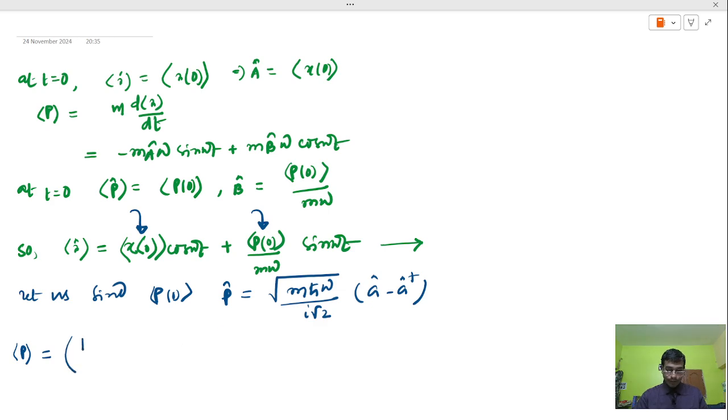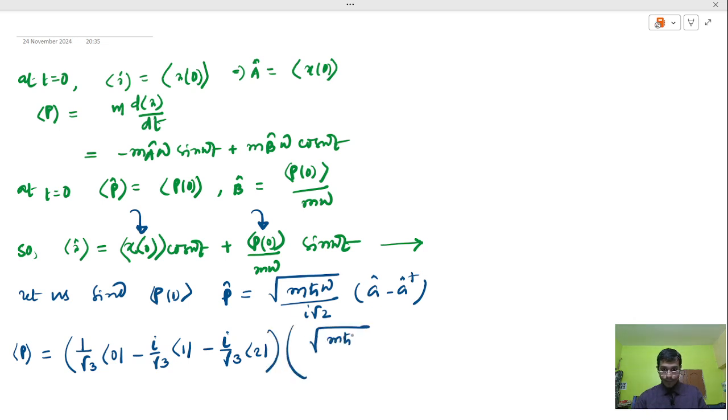this is our state in the bra form, 1 by root 3, i by root 3, and this operator, i root of m h cross omega by 2, a minus a dagger. And here this is the ket form, because we just find the expectation.